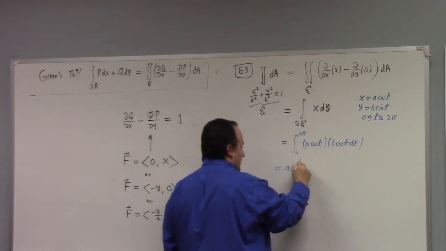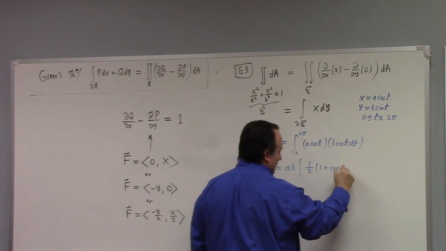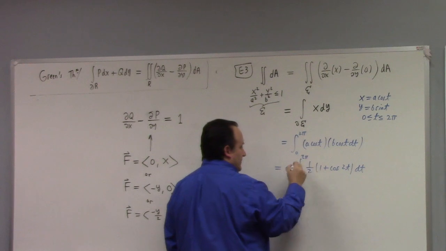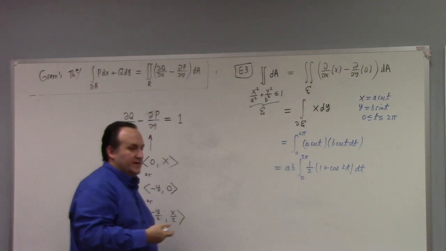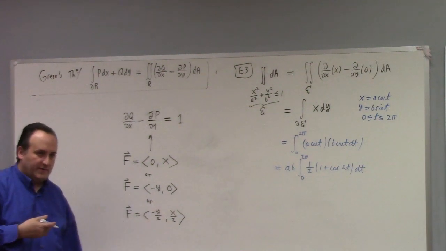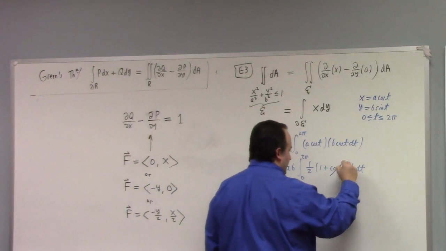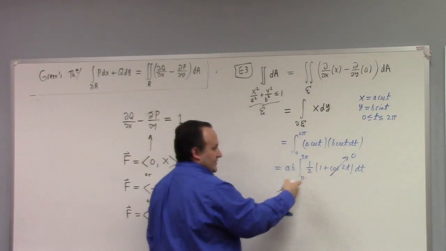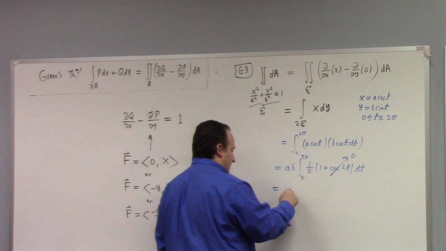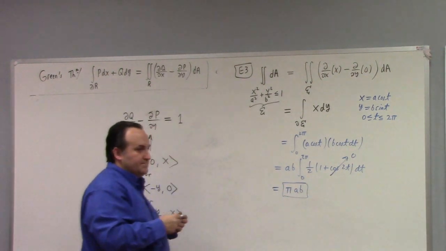So we've got ab times the integral of cosine squared, also known as 1/2 of 1 plus cosine 2t dt from 0 to 2 pi. And then, of course, the cosine piece integrates to 0 because it's integrating a sinusoid over a complete multiple of its cycles. So this integrates to 0, and that guy integrates to pi, well, 2 pi over 2. So we get pi ab, which is the area of an ellipse.